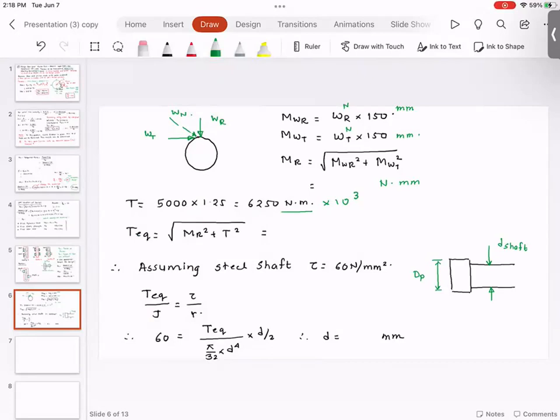We are assuming a steel shaft, so you can change this steel shaft to maybe an alloy steel shaft, and then find the new diameter.